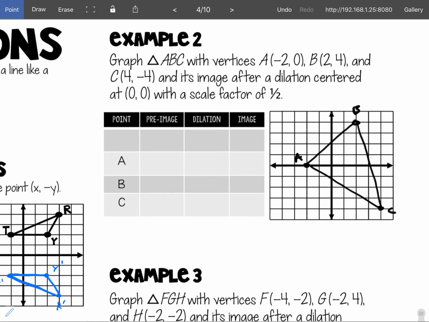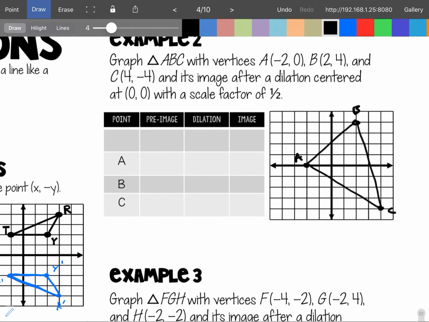All right. So I got to write down all these coordinates. So point A, that was at -2, 0. Point B was at 2, 4. Point C was at 4, -4.